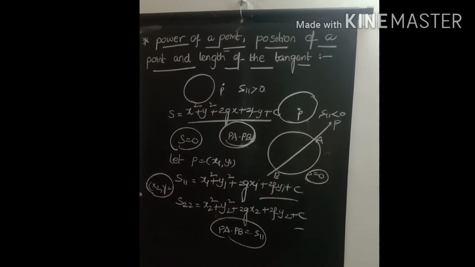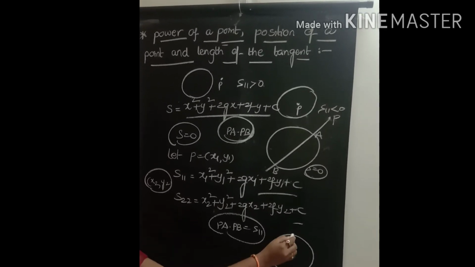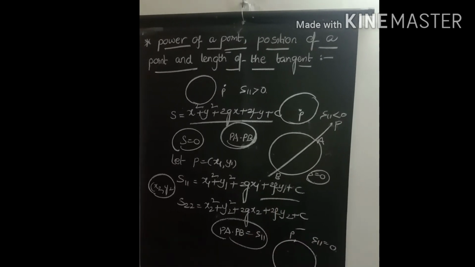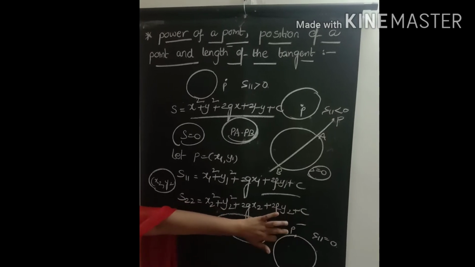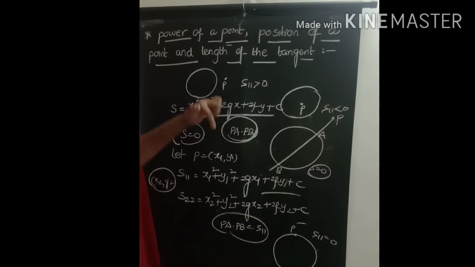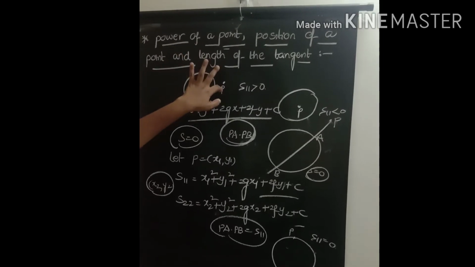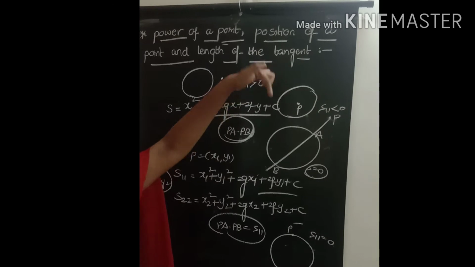And the last condition, the point P lies on the circle, then the condition is S11 equals 0. That is, if S11 is equal to 0, then the given point lies on the circle. S11 greater than 0, then the point P lies outside of the circle. And S11 less than 0, then the point P lies inside of the circle.